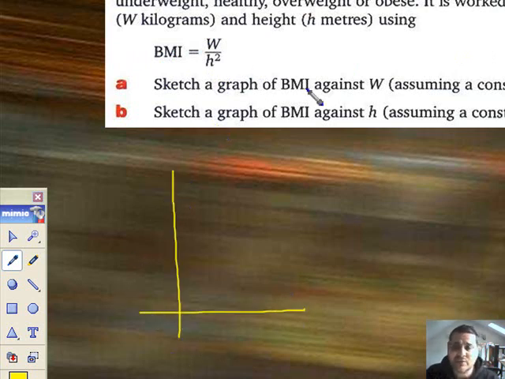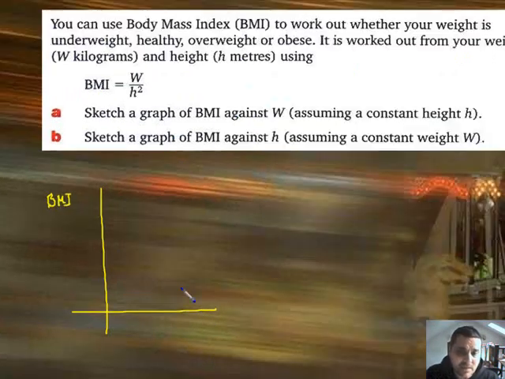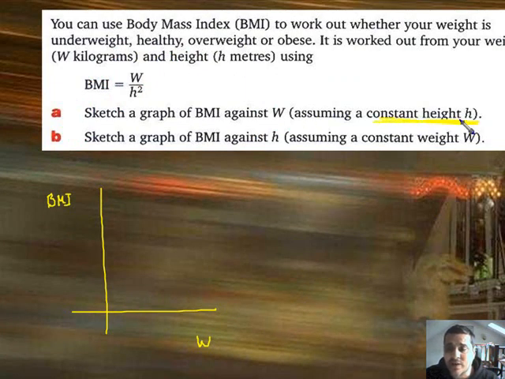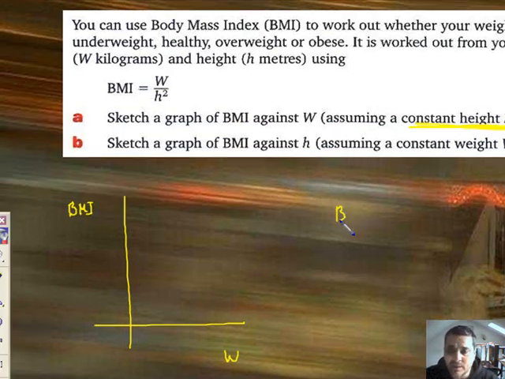So that's my sketch, a graph of BMI, my body mass index, against my weight. I'm going to assume the height is constant. So let's say, for example, I have the formula BMI equals weight divided by, let's say I'm 1.5 meters tall, squared.